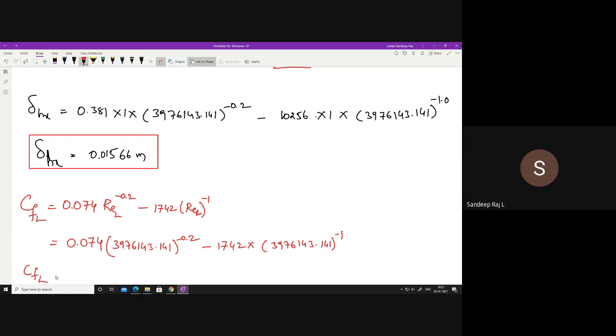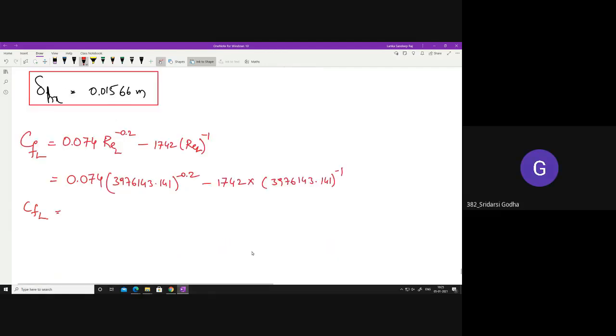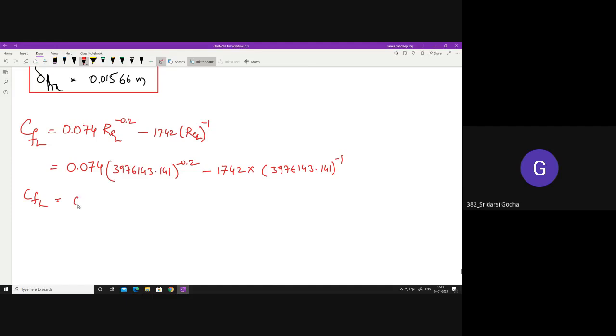The C_fL value you calculate and tell me. 0.0031. That's the C_fL value. You keep it aside.